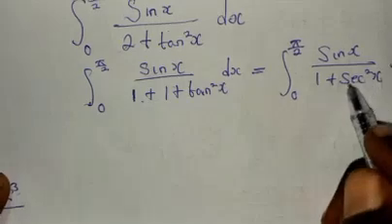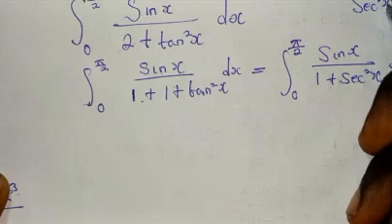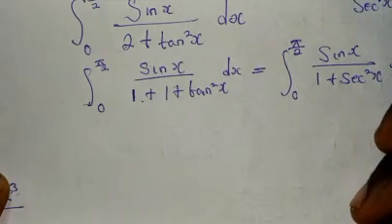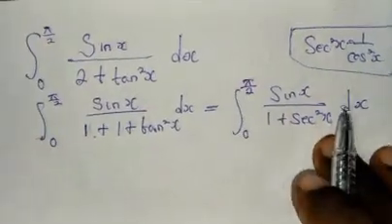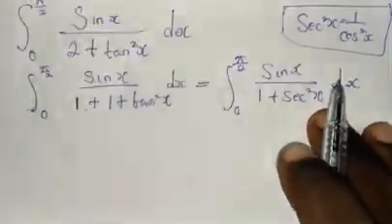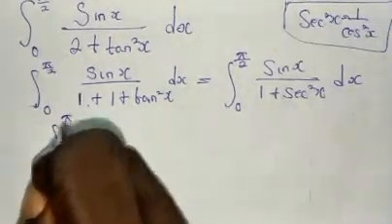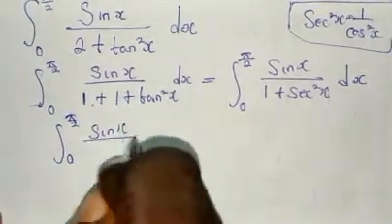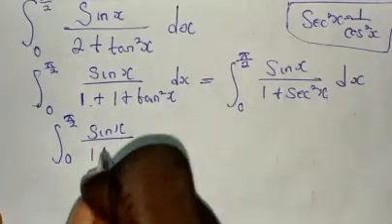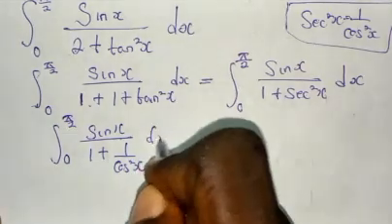Now, we can rewrite sec square x as 1 over cos square x, from the trigonometry identities property. So now we have the integral with upper limit of pi over 2, lower limit of 0, of sine x over 1 plus 1 over cos square x dx.